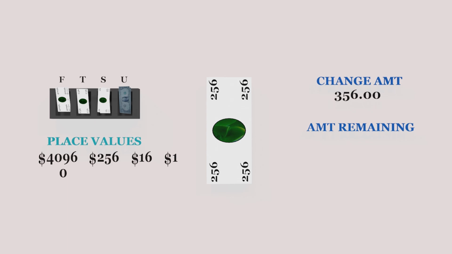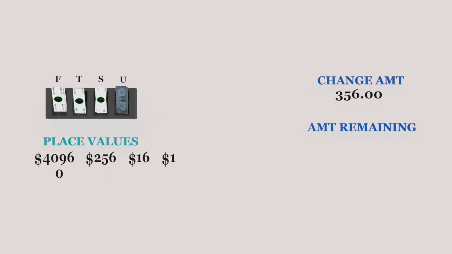If the cashier gave you two $256 bills, that would be $512. That would exceed the change amount of $356. Since we gave out only one $256 bill, we'll put down one in the 256th place. Our number will now look like this.